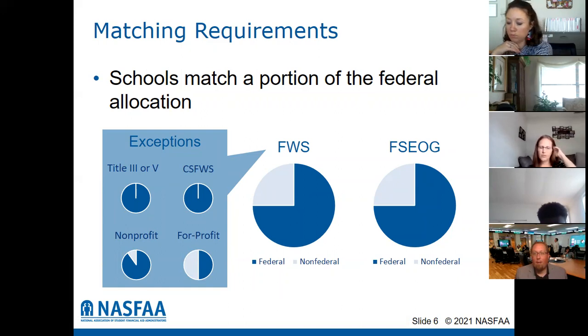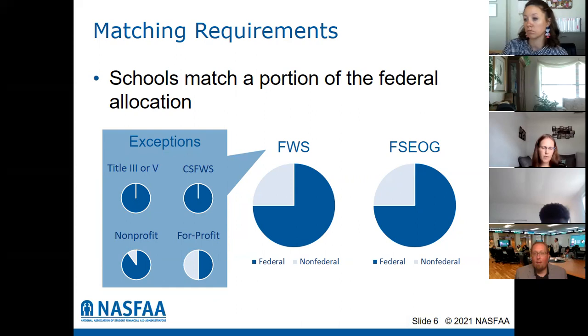So what happens is, for the matching requirement for the federal work-study program, a school is required to provide an institutional match that must be deposited either prior to or at the same time as the federal funds. This non-federal share is contributed by the school from a source other than the federal government, which we just discussed all those options.